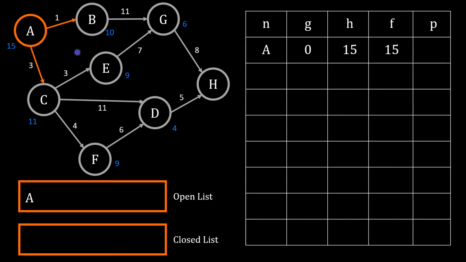And then we've got our cost function, which is going to be the move function plus the heuristic function. We're then going to expand A and look at the neighbors of A. So we've got B, we're going to add that to the open list, and we've got C, which we're going to add to the open list in a minute.